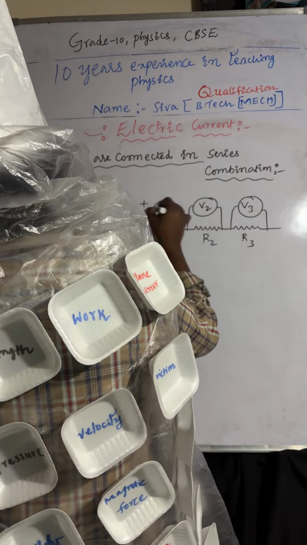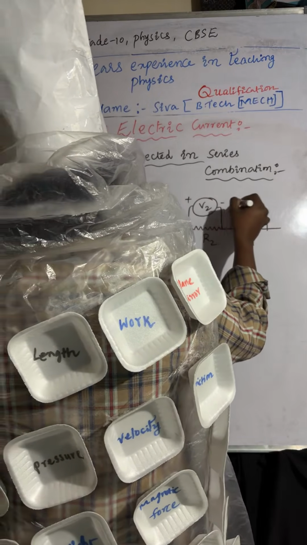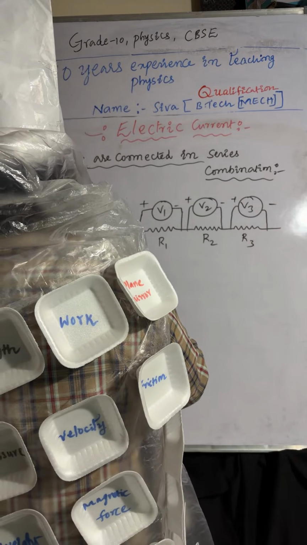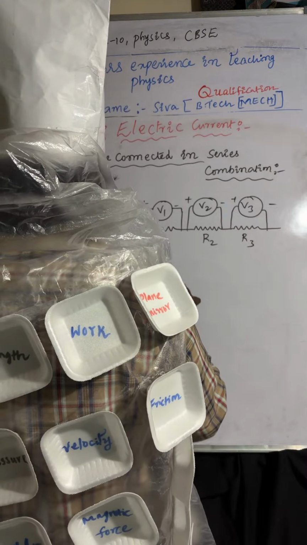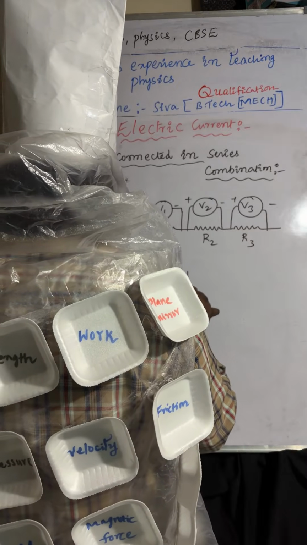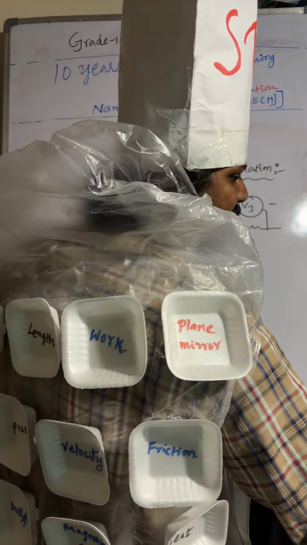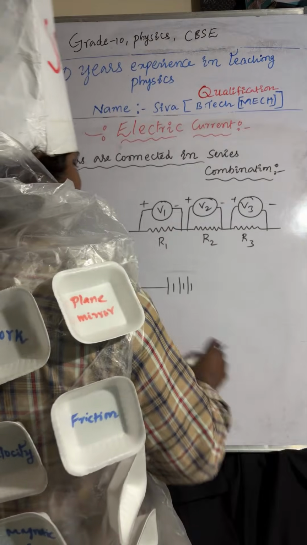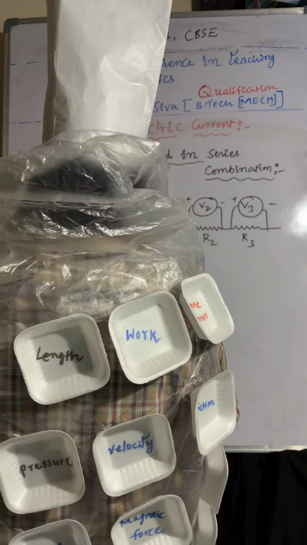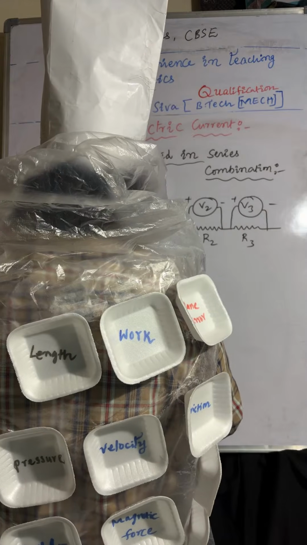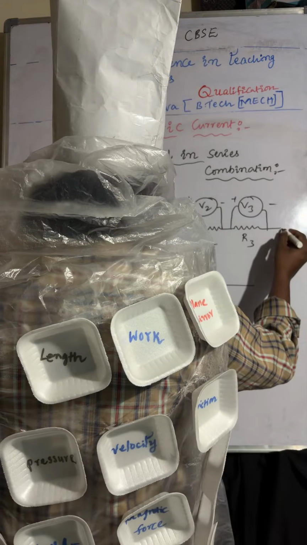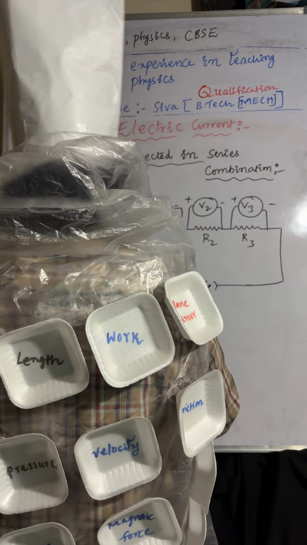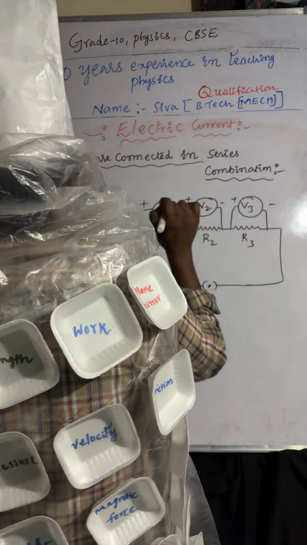Understood? So here positive terminal, negative, positive, negative, positive, negative. This is the ammeter, which is connected to the switch. So this is the switch, and this is the battery.